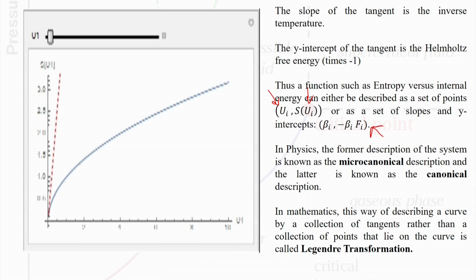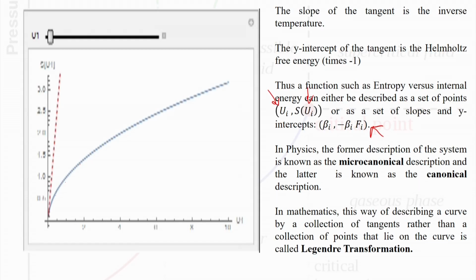The tangent way of doing things, describing that curve alternatively as a tangent rather than a collection of points, is called the canonical description. That's the physics terminology. Mathematics people call this transformation between thinking of the curve as a collection of points versus thinking of the curve as a collection of tangents a Legendre transformation.